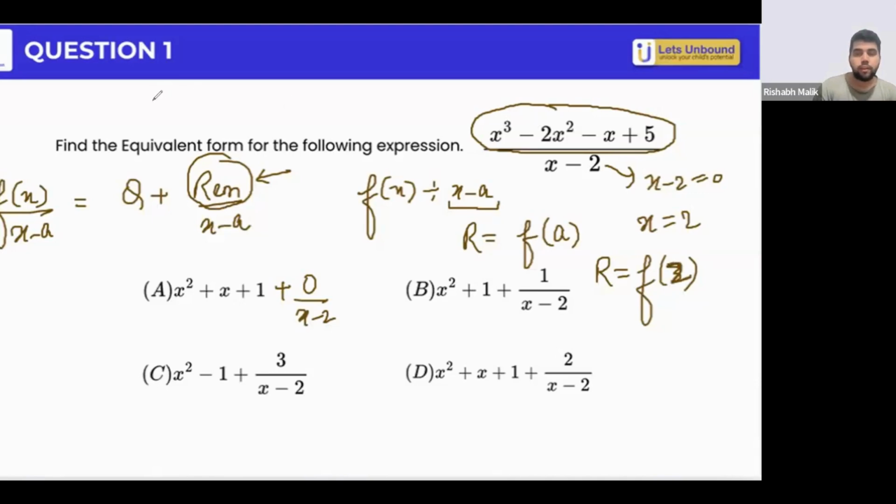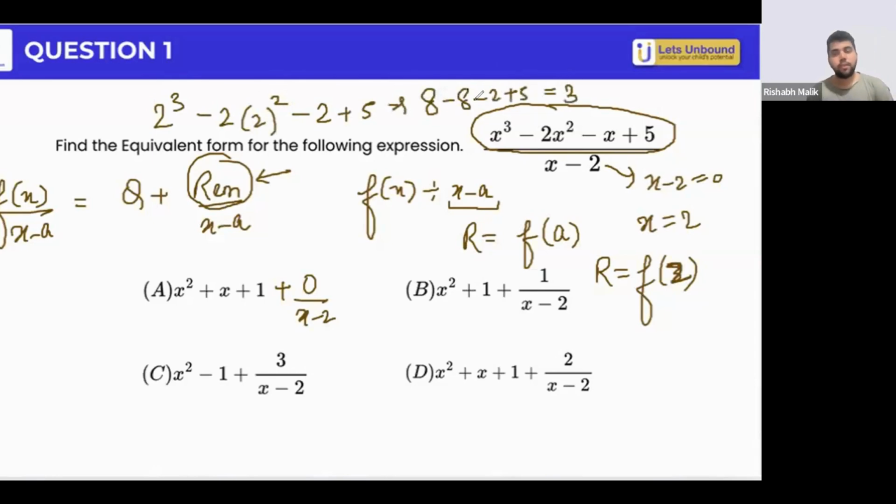So if I plug in 2 here, 2 cube minus 2 times 2 square minus 2 plus 5. So this will give me 8 minus 8 minus 2 plus 5. The answer comes out as 3. Remainder is coming out as a 3. If 3 is my remainder, I just need to check which option is having 3, and I can clearly see it in the options.